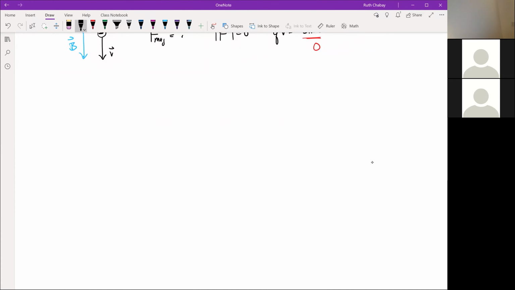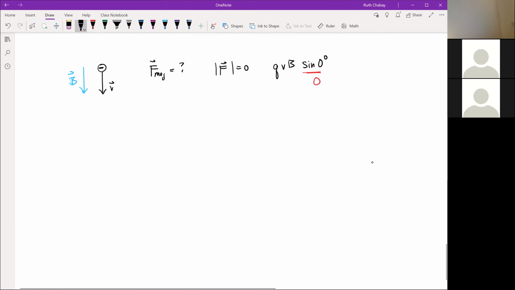So questions about this piece? And of course, if we have V and B as vectors, we can actually evaluate the cross product using vectors also.